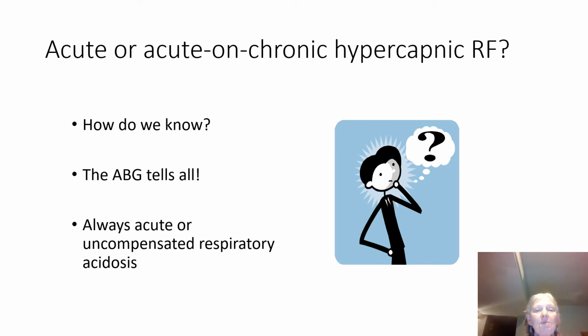So the question comes up, and part of the question is really, do we care? Just because you have an acute or acute on chronic hypercapnic or ventilatory respiratory failure, why do we care? What's the big deal? Well, the big deal is you're talking about different people with different problems.